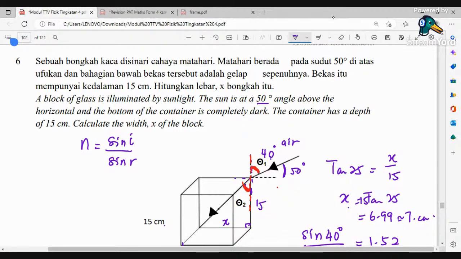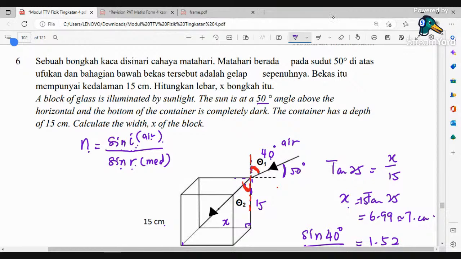You want to find refractive index, the medium must be second medium. Apa maksud second medium? I itu mesti air. R itu mesti medium punya angle. Okay, dia selalu macam ni. Sin I in air divide by sin R in medium. If you want to find refractive index of glass, maksudnya sin I in air divide by sin R in glass.